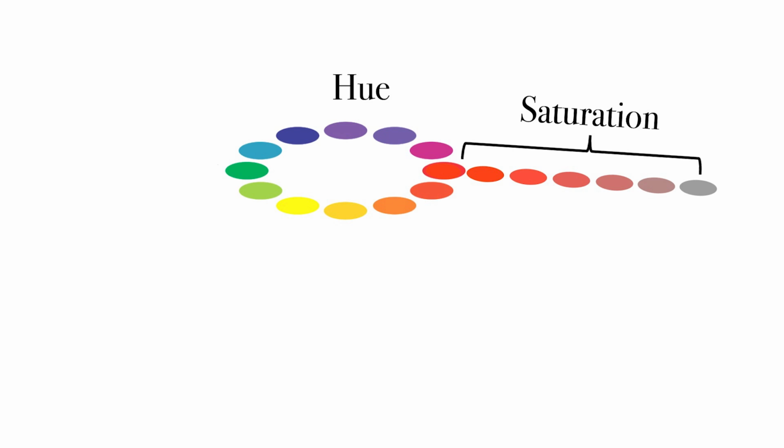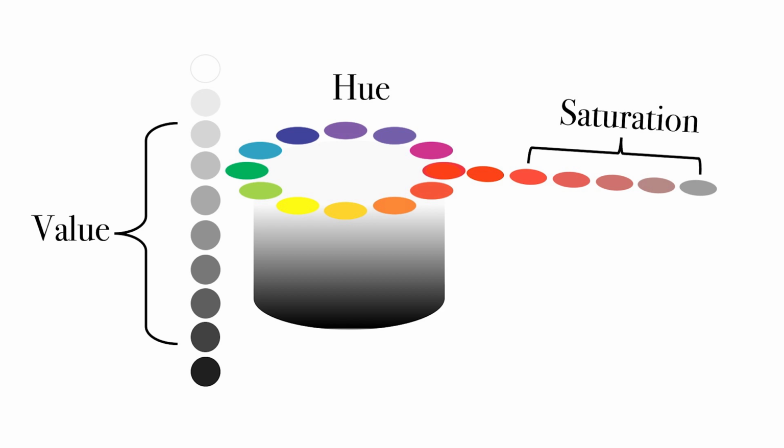But imagine if all the colors were coming off their spot in the color spectrum with the saturation, you would start to see how color can pull dimensionally. Then we add the value, and that's where we get the light to the dark. So now we have the purest white at the top, and the dark black at the bottom. So you can kind of see how you turn color on its side. The color wheel is one dimension with saturation and hue, and then we have that value that comes into play.